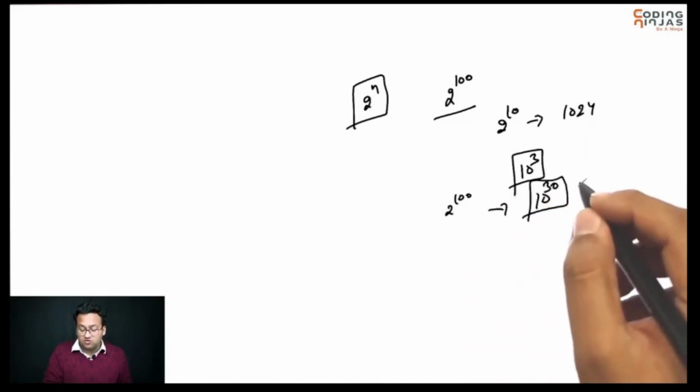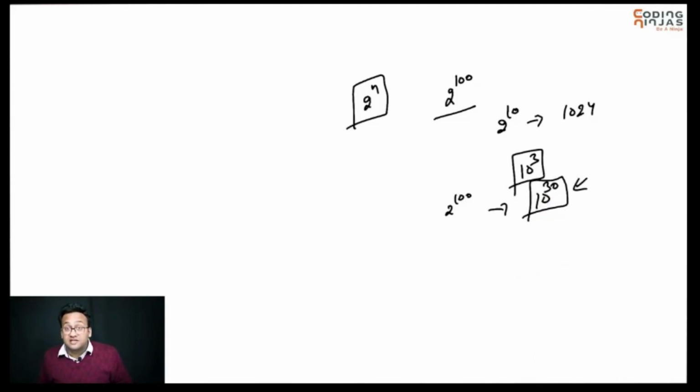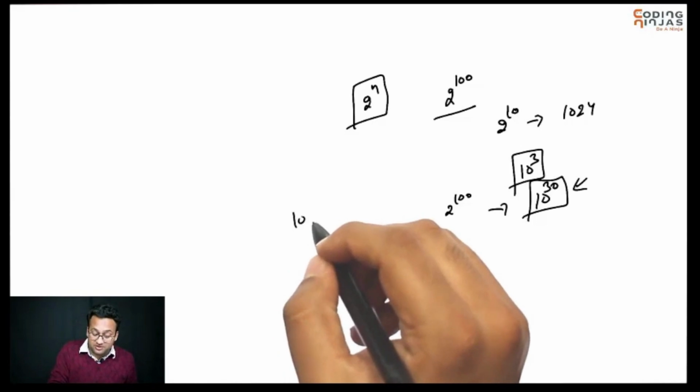So this huge number is the number of operations that you would need to do to find the 100th Fibonacci number.